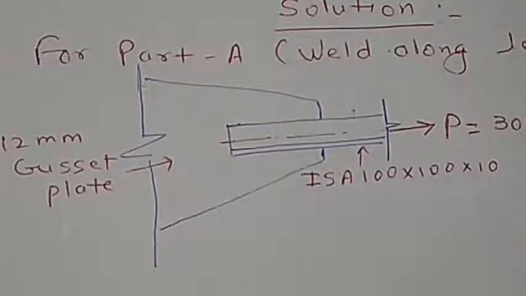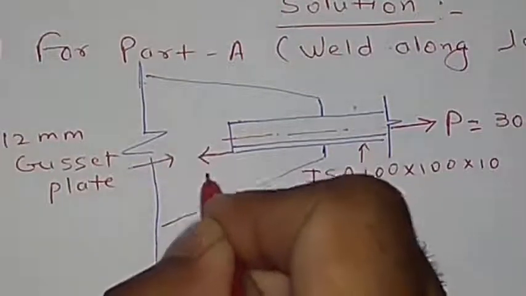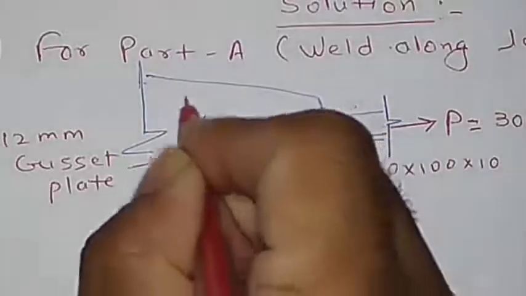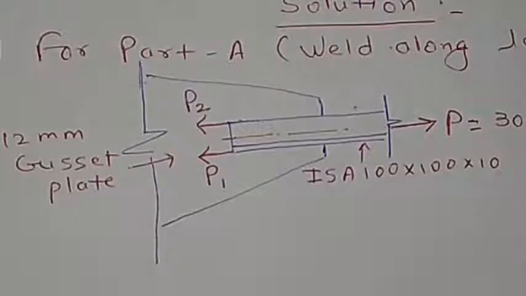And we can consider, suppose, P1 and P2 as the resisting forces, and that may be at the heel and toe of the angle section. So let us have this force. This is P1 and this is P2, and we'll be calculating these P1 and P2 forces, and depending upon that, we'll be assuming a certain weld section, and from that weld section we'll get exactly how much length will be required at the heel and toe.